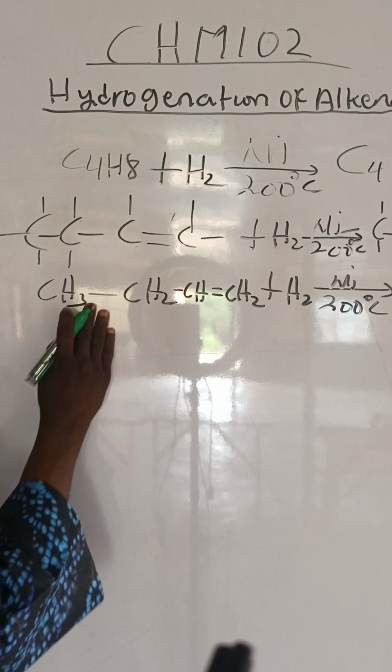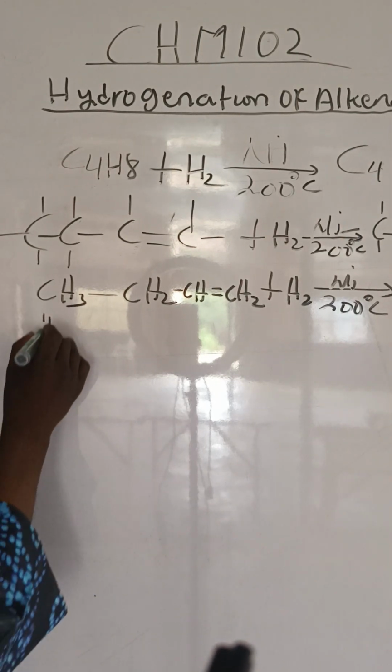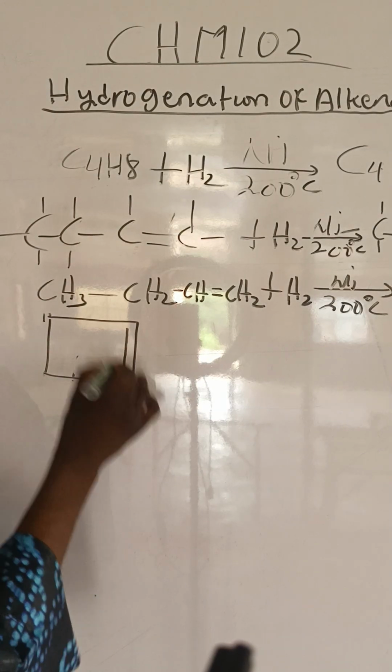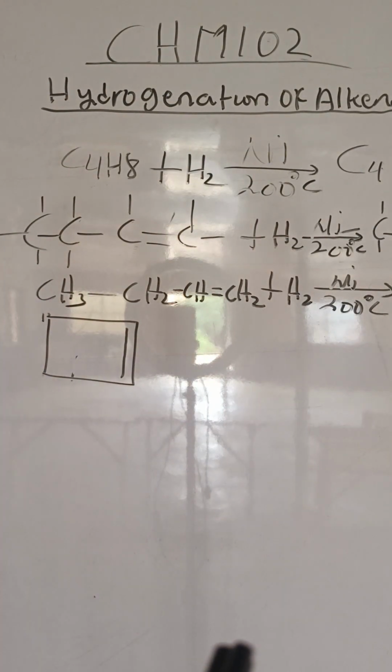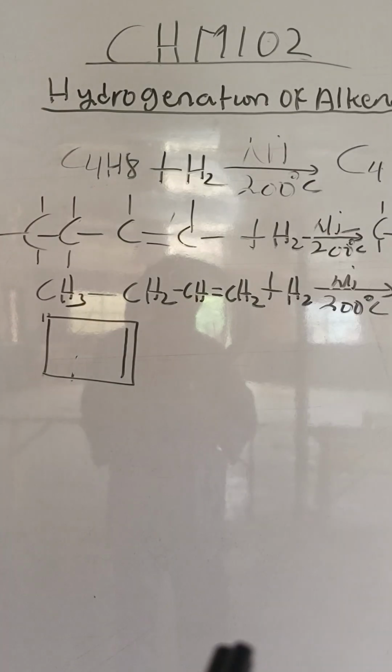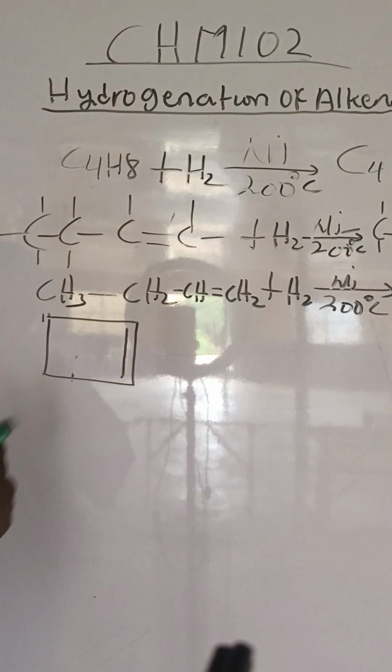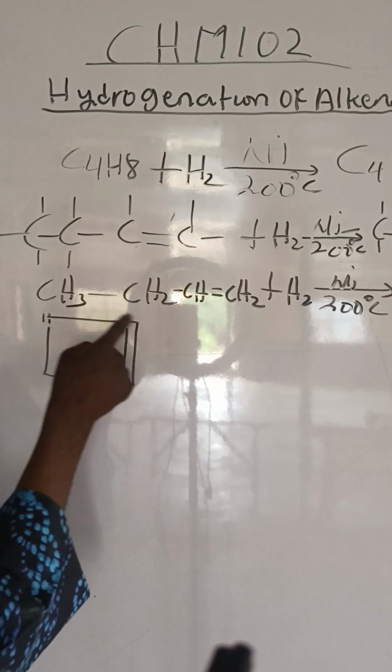If you draw the cyclo compound, this one is what? Cyclo compound. If you take a look at this very well, what do you call the cyclo compound here? You call it cyclo what? Cyclobutene. This is cyclobutene. Each end represents one carbon atom.